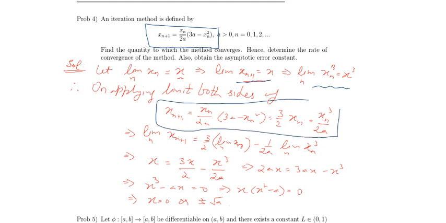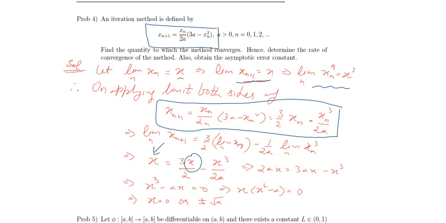The left side, limit of xn plus 1, becomes x, and 3 by 2 times limit xn becomes 3 by 2 x, and xn cube converges to x cube.